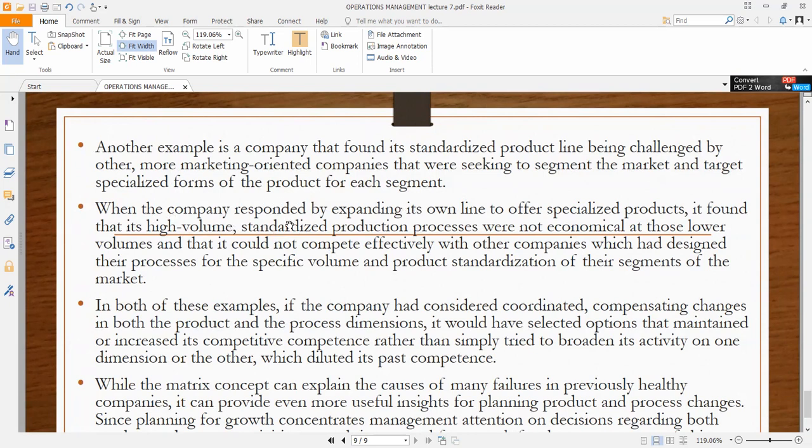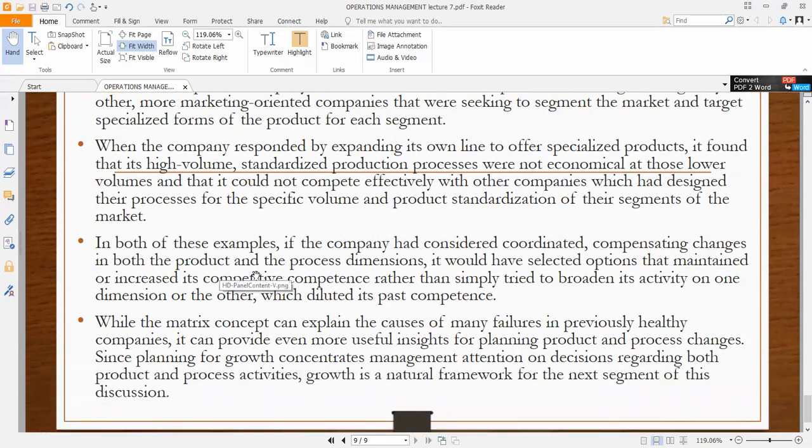When the company responded by expanding its line to offer specialized products, it found that its high-volume standardized production processes were not economical at those lower volumes, and that it could not compete effectively with other companies which had designed their processes for the specific volume and product standardization of their segment of the market.